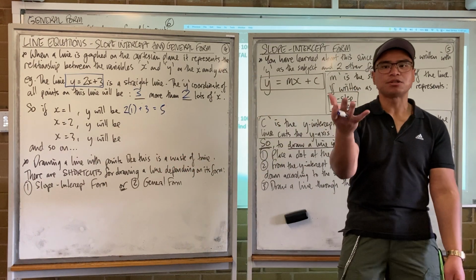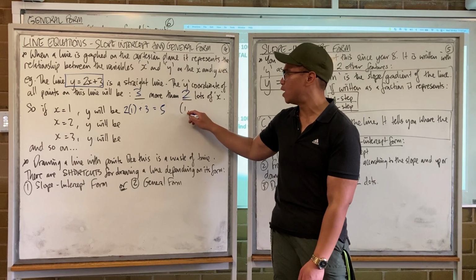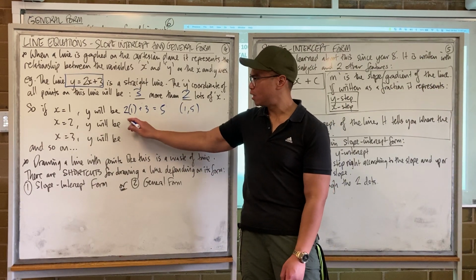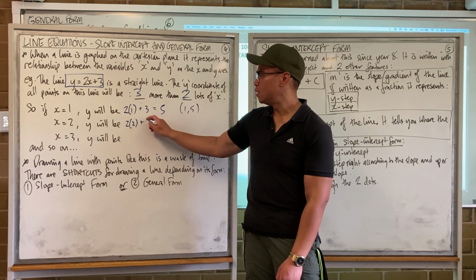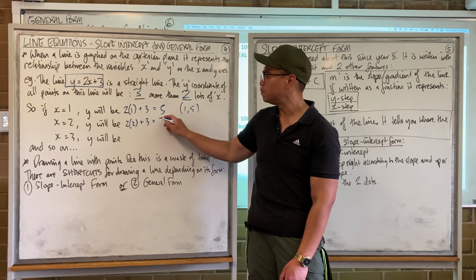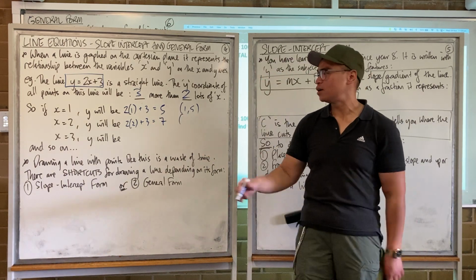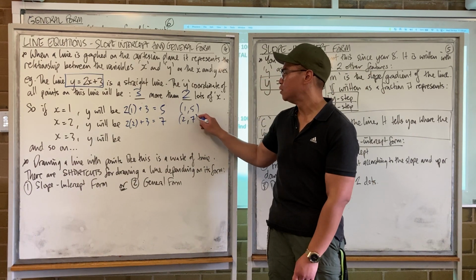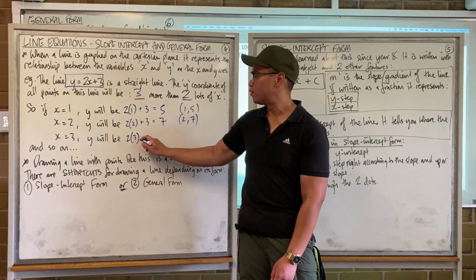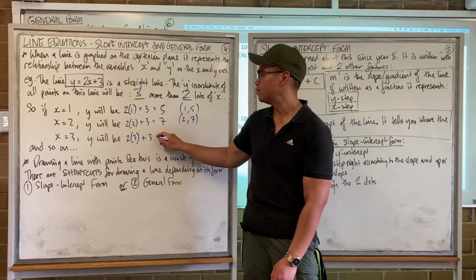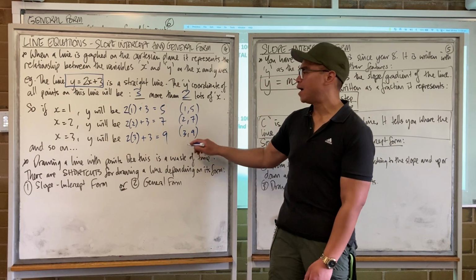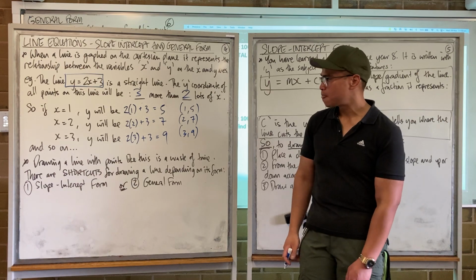So your first point on this line is going to be (1, 5). What would the second point on the line be? 2 lots of 2 plus 3. 2 by 2 is 4, plus 3. So the second dot on this line will be (2, 7). Last one, 2 lots of 3 is 6 plus 3, 9. So it's going to be (3, 9), and so on.